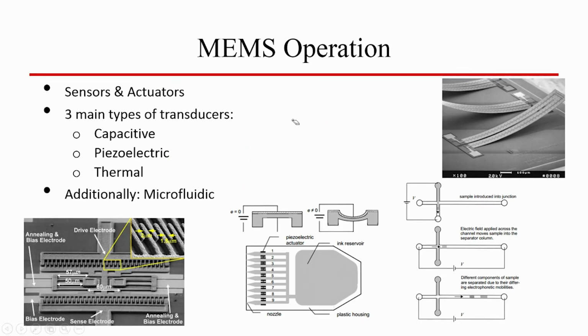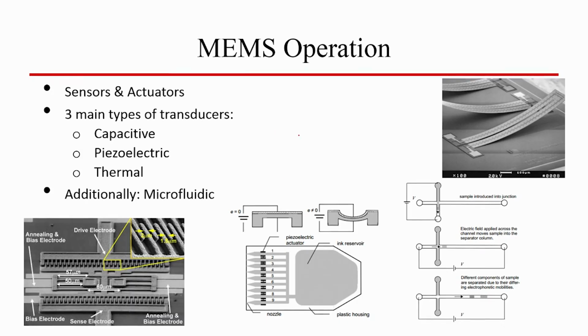There will be a change in the electrical output, in terms of a few volts, or vice versa. In piezoelectric, if I give an electrical signal, there will be a change in the force.